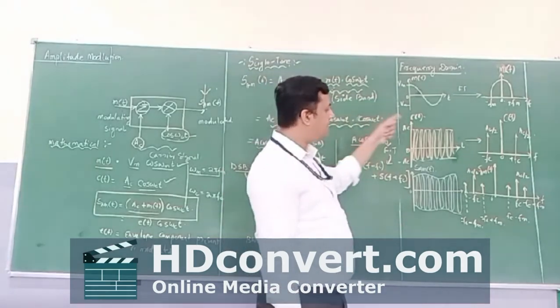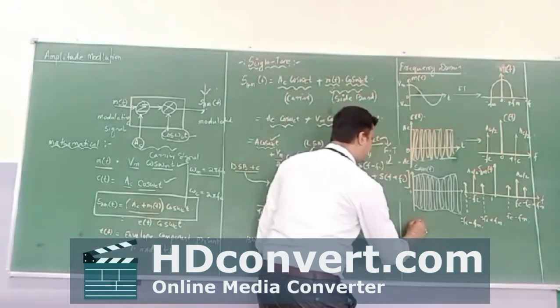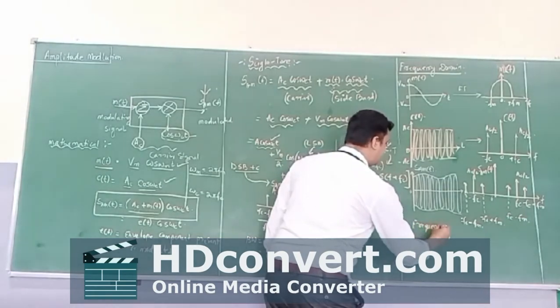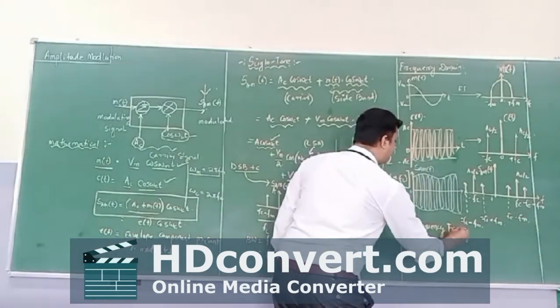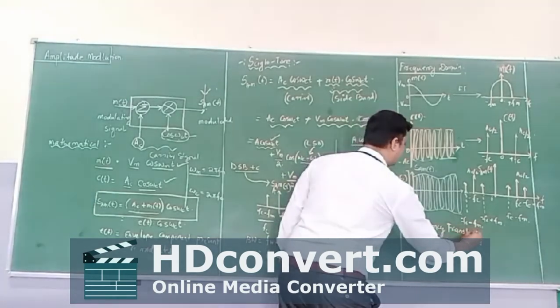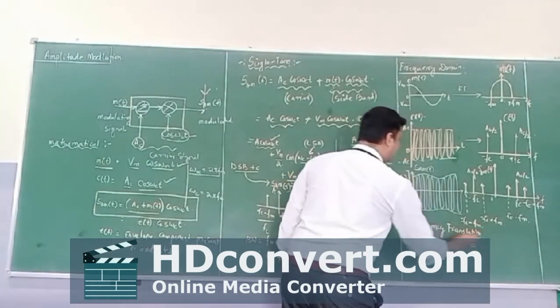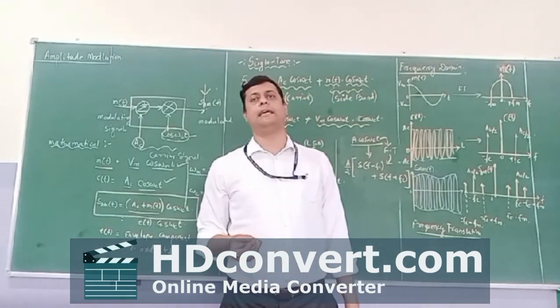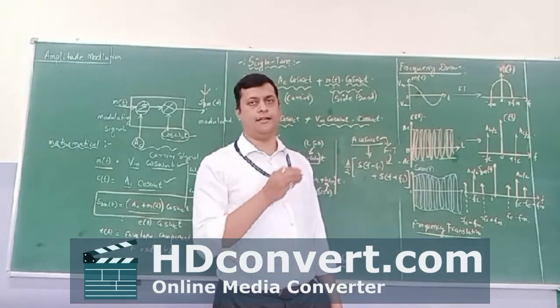So this whole method is called frequency translation, or frequency domain representation. This is called frequency translation, meaning representing a time domain quantity in a frequency domain representation within a certain bandwidth.